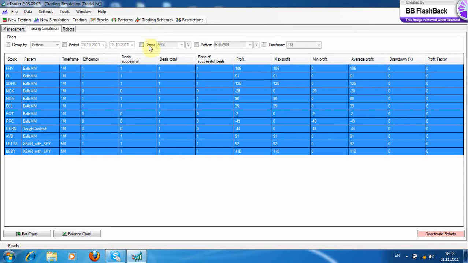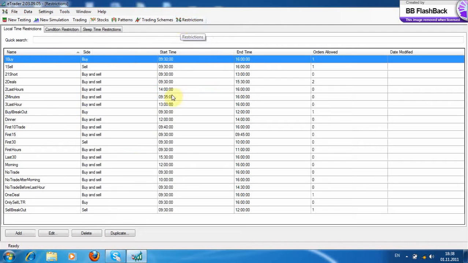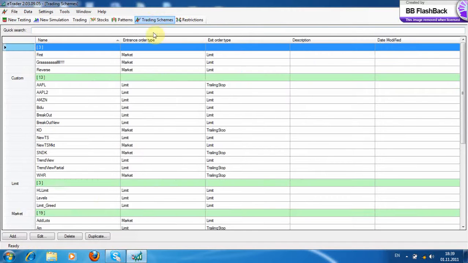Let's go over a few useful options. We have a very strict mechanism of restrictions. We can make one deal, two deals. We can avoid trading the first half an hour or the last half an hour. All kinds of things. Trading schemes: we can put anything that we want.